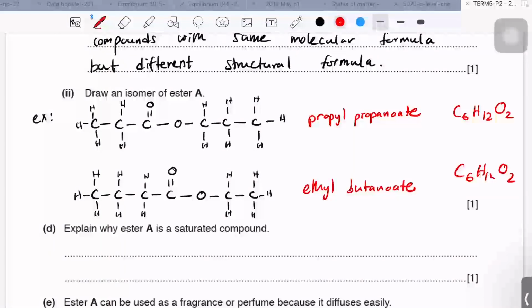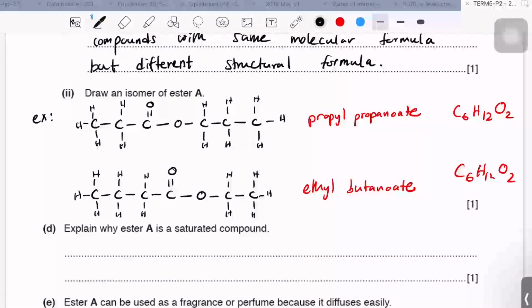Right, let's go to part D. Explain why ester A is a saturated compound. Saturated means there can't be any carbon-carbon double bonds. Do we have carbon-carbon double bonds? No carbon-carbon double bonds. So saturated means there are no carbon-carbon double bonds.